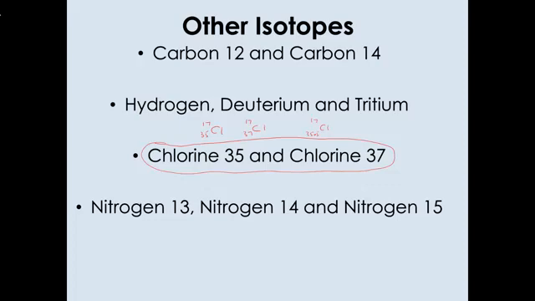Chlorine is 25% chlorine-37 and 75% chlorine-35. If you do the maths on that, you can work out that the average is 35.5. And then another example, a bit less commonly talked about, nitrogen, you've got 13, 14, and 15.